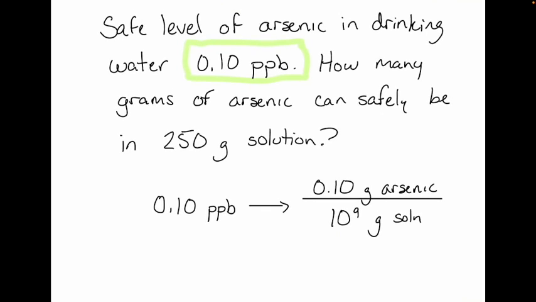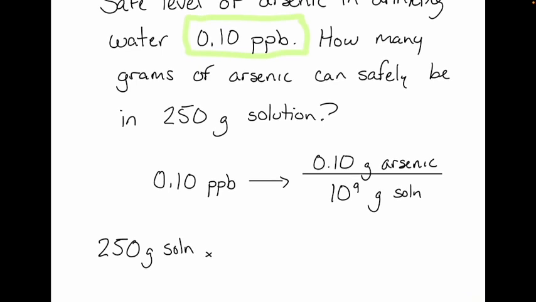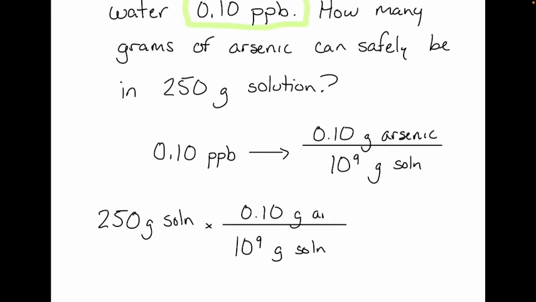All right. And so if we start out with our 250 grams of solution, we're going to multiply it by that concentration, right? I don't have to flip it because grams of solution are going to cancel out if I leave it as is. So that 10 to the 9 is on the bottom. That 0.10 is on the top, grams of arsenic.